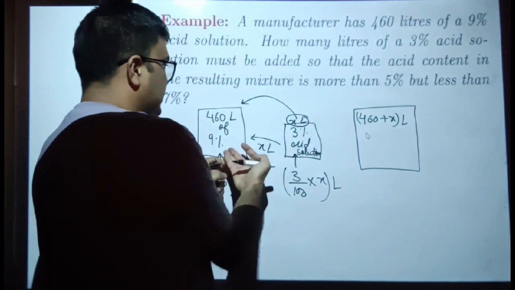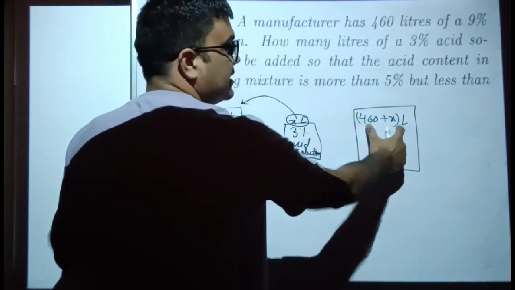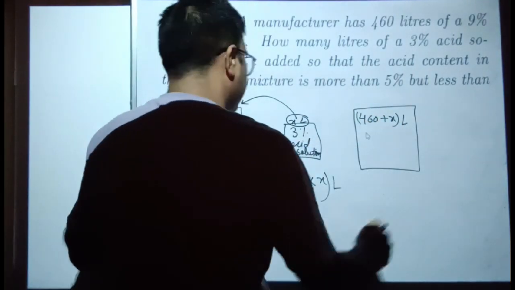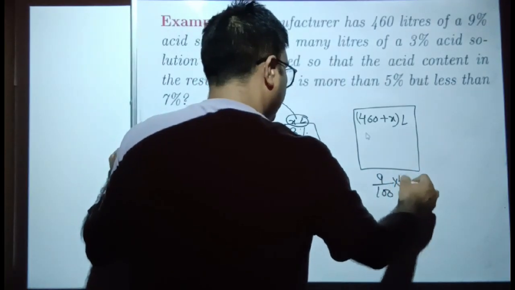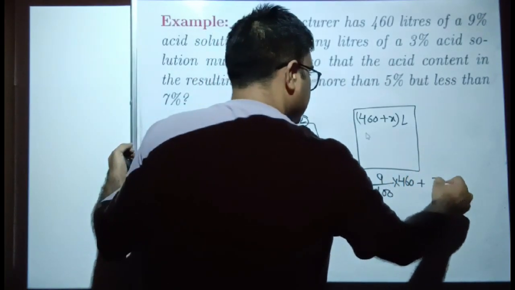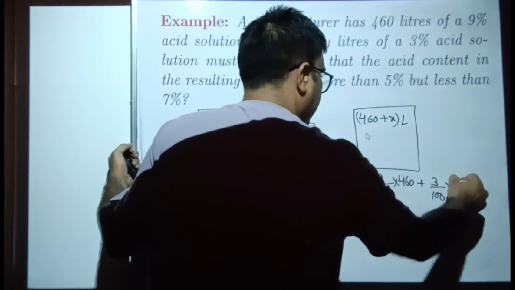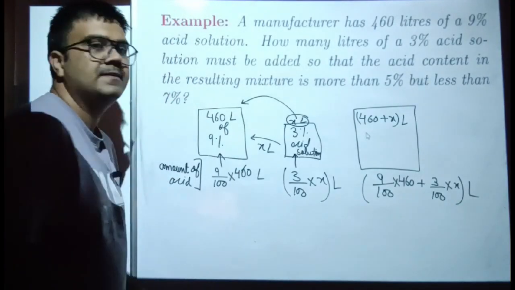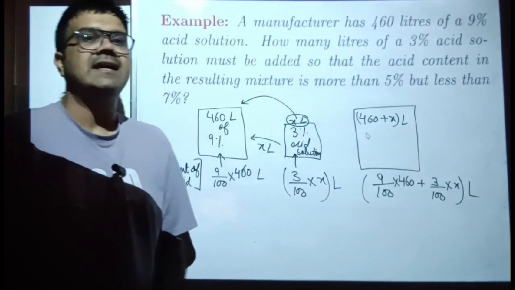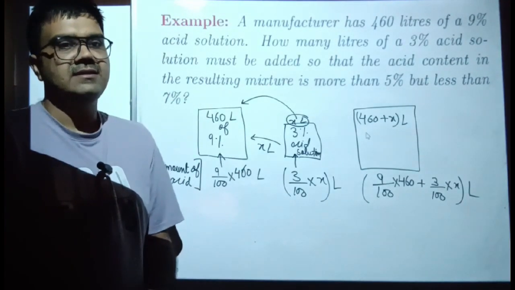When we mix both, the total amount of acid we have is 9/100 times 460 plus 3/100 times x liters.